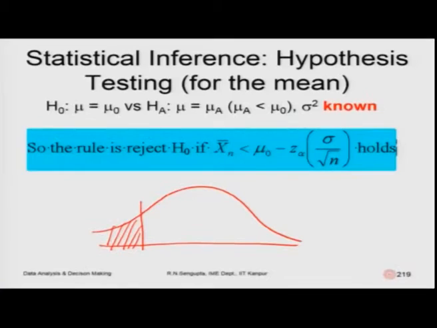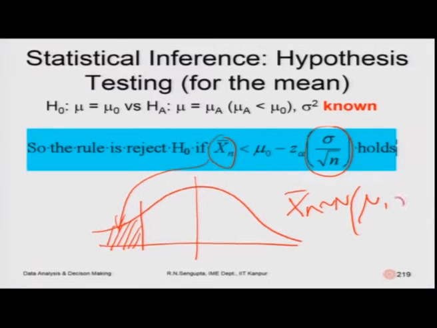So you want to find the mean value of the sample. If the sample mean lies on the left hand side, this is H naught here, and this value sigma by square root of n is based on the fact that x bar n, the mean of the sample, is distributed normal with mean mu as the expected value and variance sigma square by n.